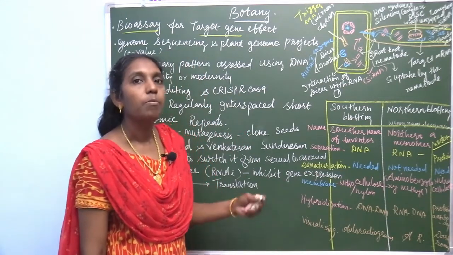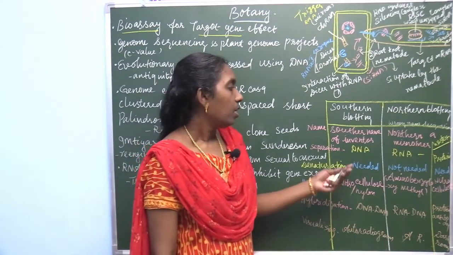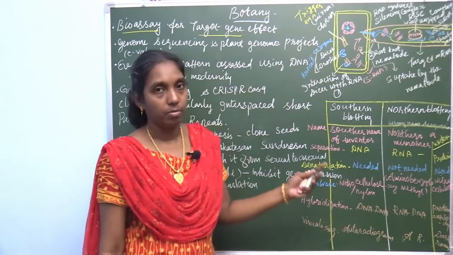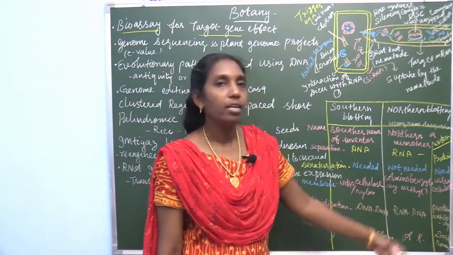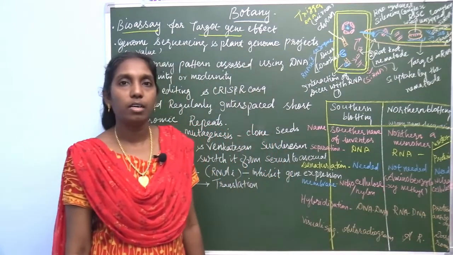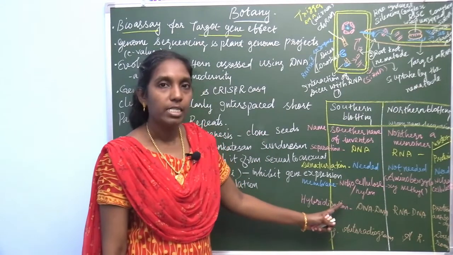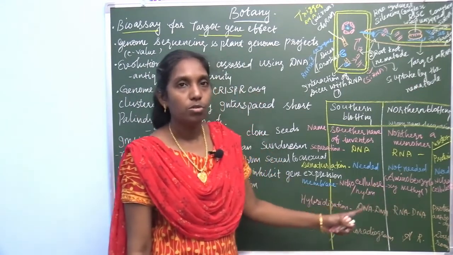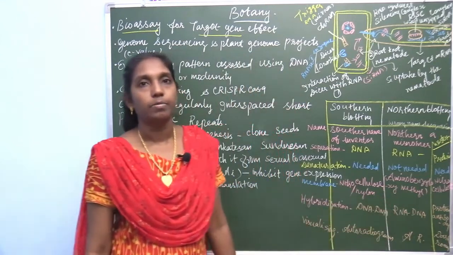Next difference, membrane. What are the membranes used for separating this? Mainly nitrocellulose or nylon membranes can be used in southern blotting and western blotting. But in northern blotting another membrane is used, amino-benzyloxymethyl.